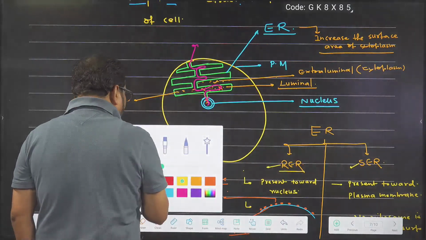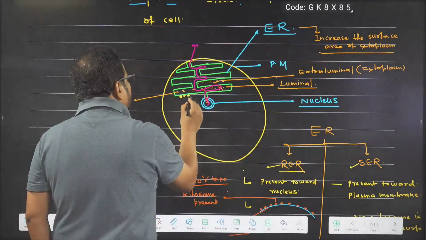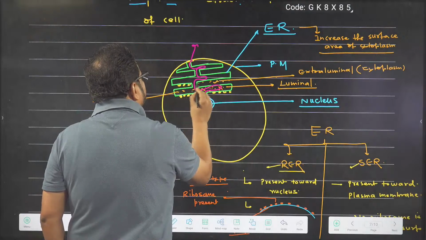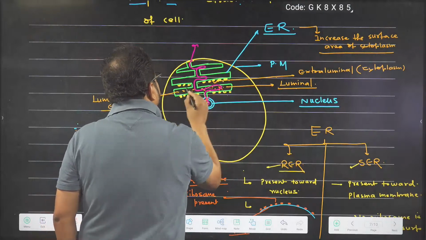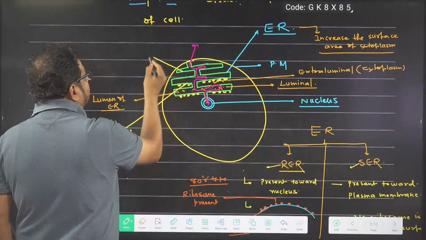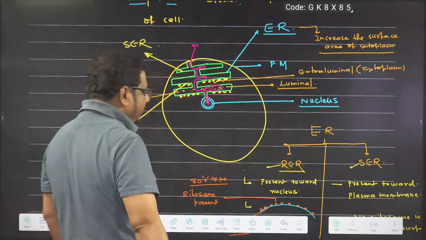The ER present toward the nucleus has ribosomes on its surface. It is called RER, rough endoplasmic reticulum. Toward the plasma membrane, ribosome is not there. It is called smooth endoplasmic reticulum.